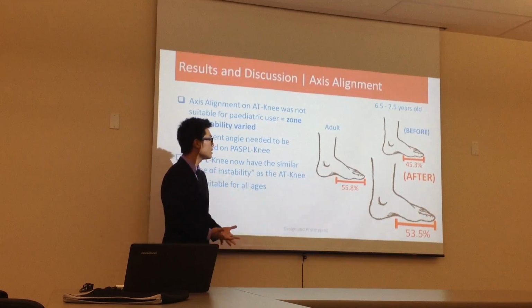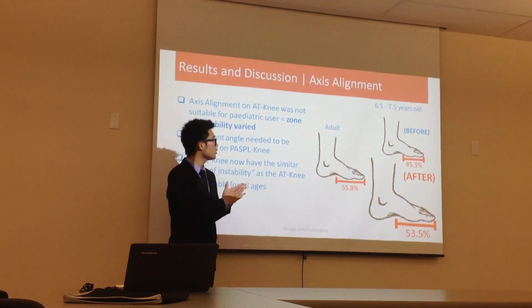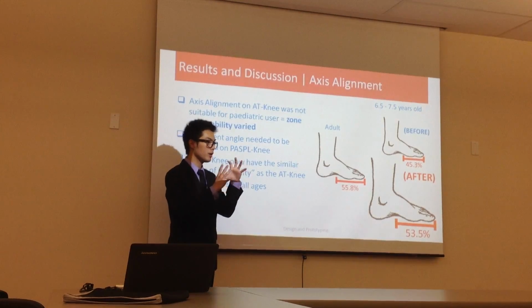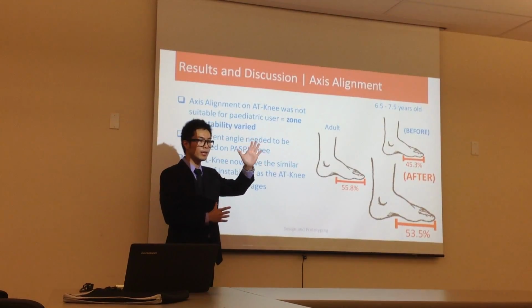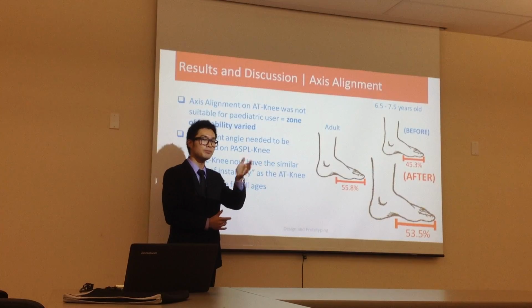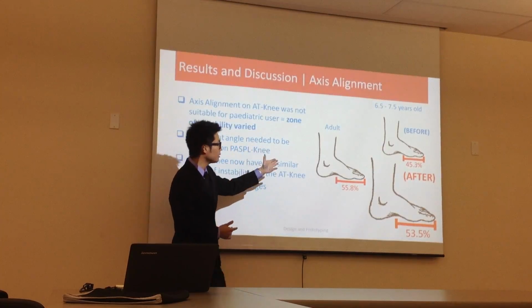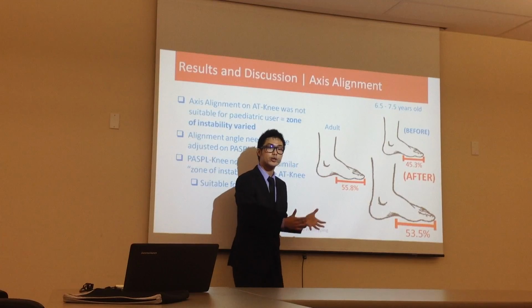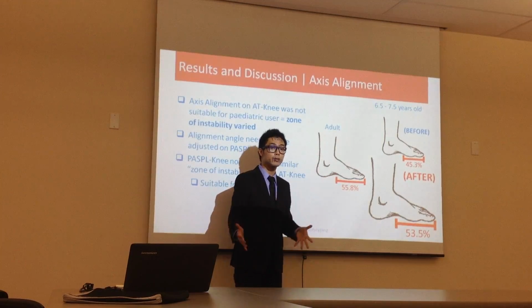So how that 5 degrees came about is that, using the ATD, we looked at the established alignment on the ATD knee, and looked at where the zone of instability is going to project on the forefoot for all those ages.